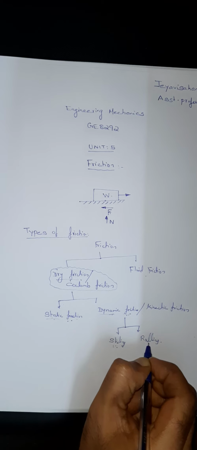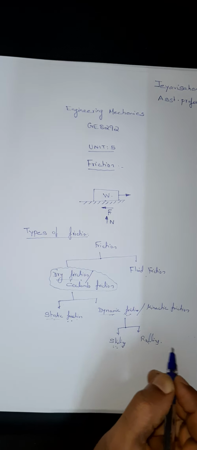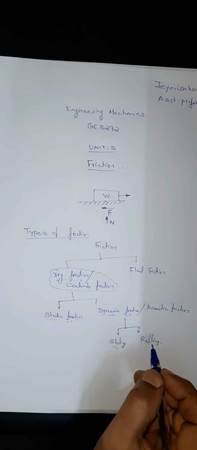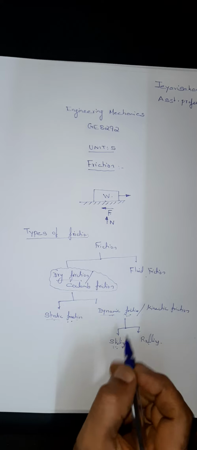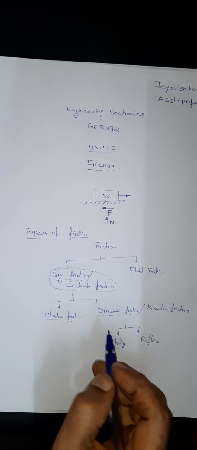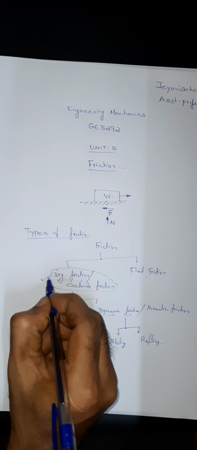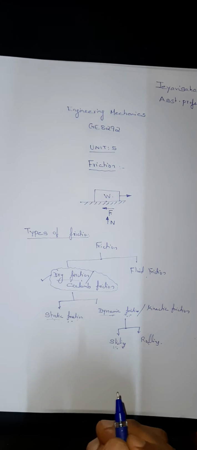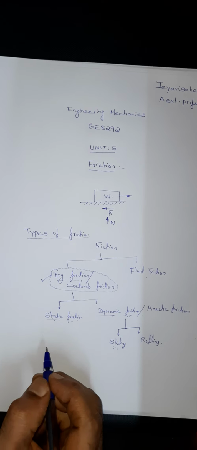It is the friction experienced by a body when it rolls over another body. So these are the definitions of the various frictions which we have seen. As far as our syllabus is concerned, we will focus only on dry friction.